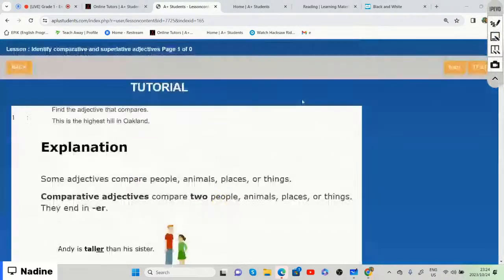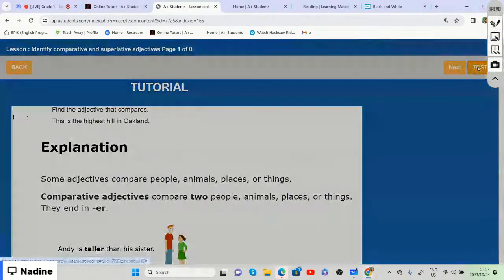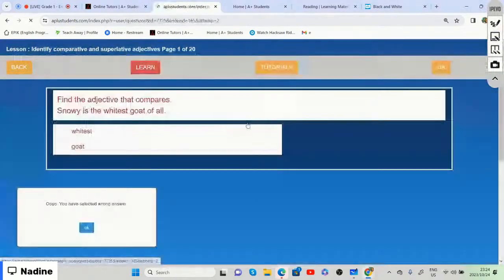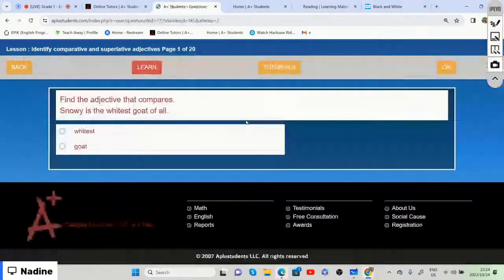Let's go to our test. We need to find the adjective that compares. Remember, we said we have a comparative adjective and we have a superlative adjective, right?